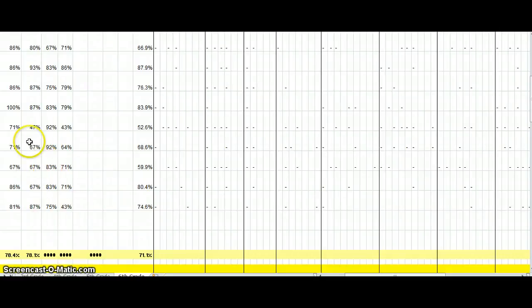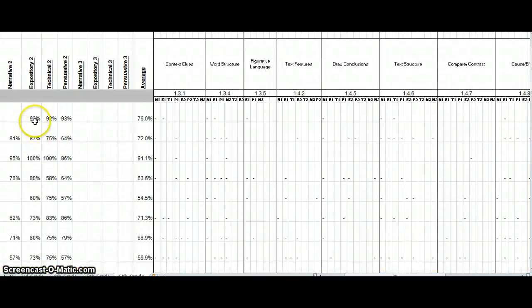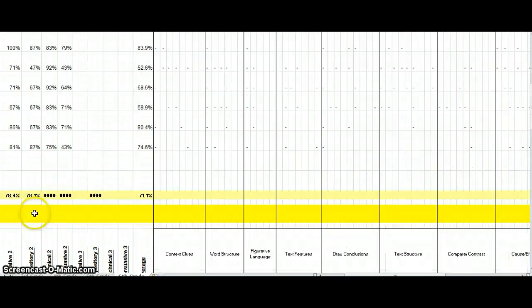But I see here that this one's got a 43, but all the other scores are good. But look here, you have 43, a good score, and then a 47. So I'm going to go back up here, and this is expository. So I would say there's some vocabulary issues, and I'm really going to work with this student right here very, very hard and very diligently with them to gain some strategies on their vocabulary and so forth.